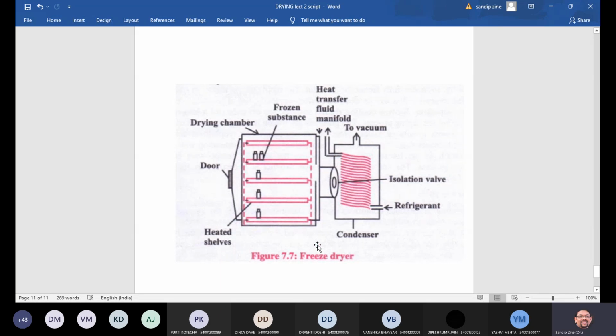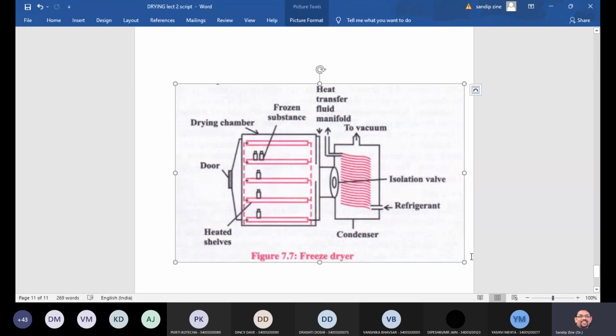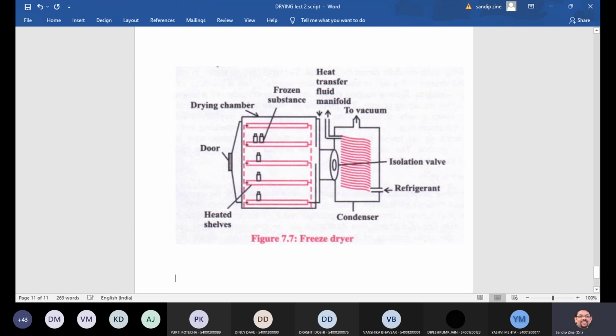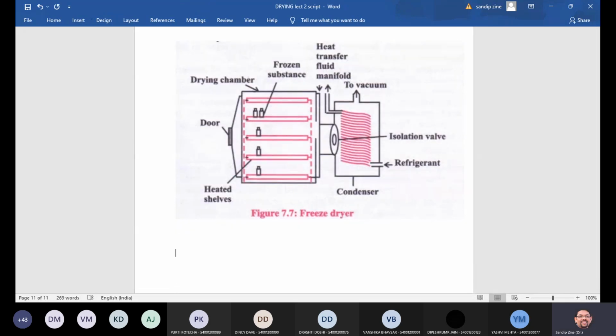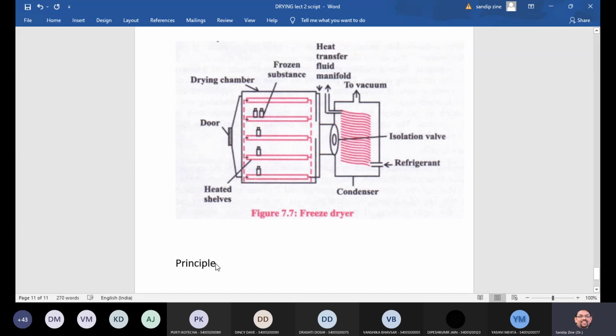Write a short note on freeze dryer. What are your pointers then? In what way you will write the answer? First of all, diagram is necessary, block diagram. Then you will talk about principle of this dryer. Then second point, you will mention about construction part, or maybe what is assembly.